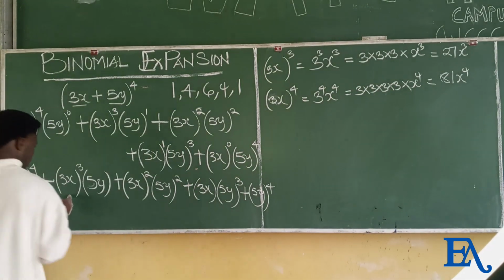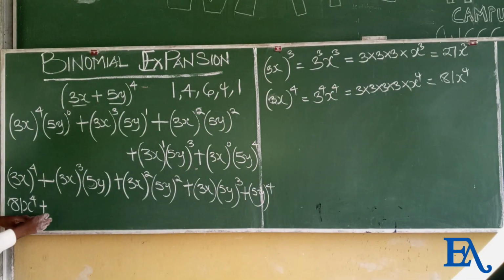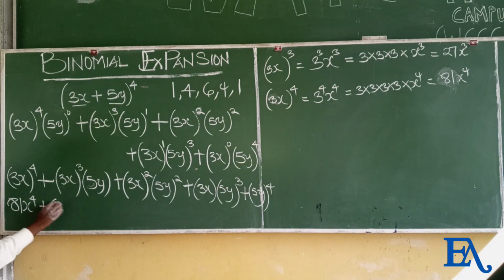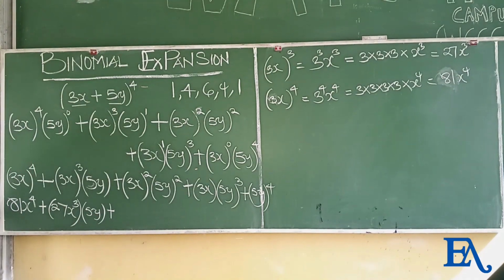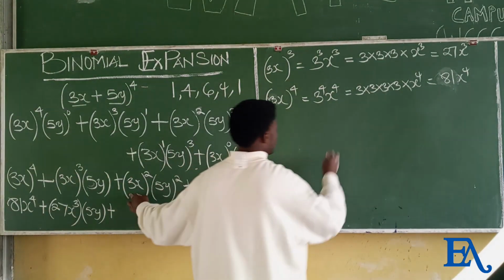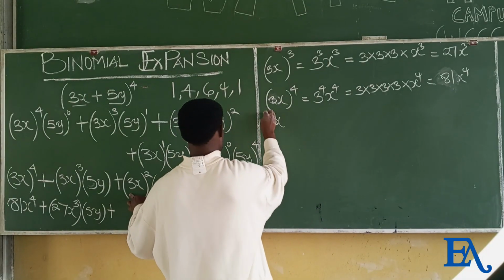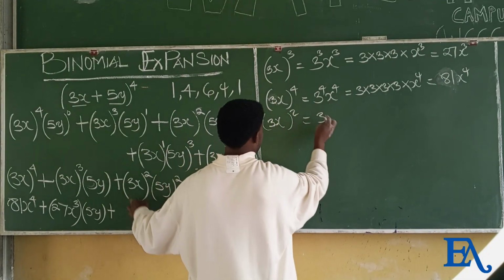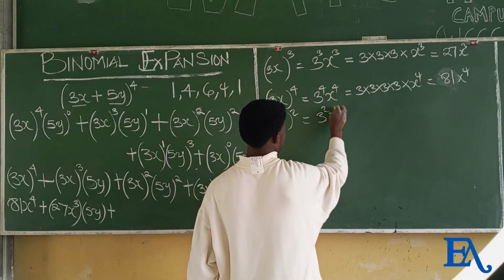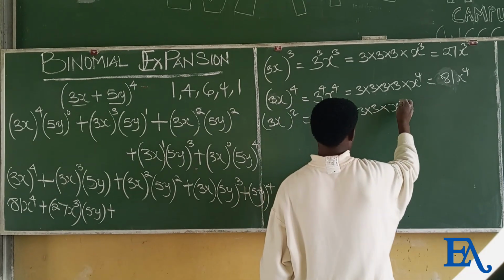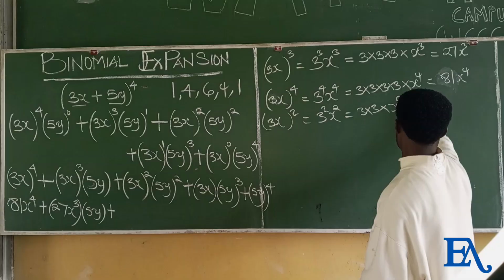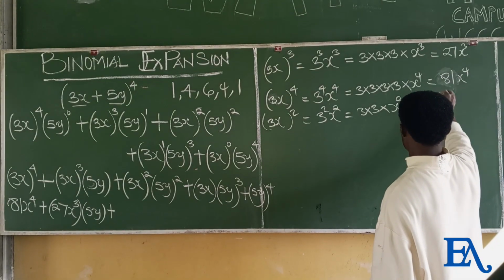So here in this term, we have in bracket 27x raised to the power of 3, then 5y plus 3x raised to the power of 2, which is 3 raised to the power of 2 and x raised to the power of 2, which gives 3 times 3 times x raised to the power of 2, which equals 9x raised to the power of 2.